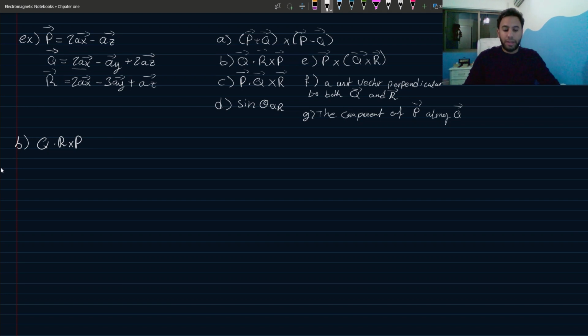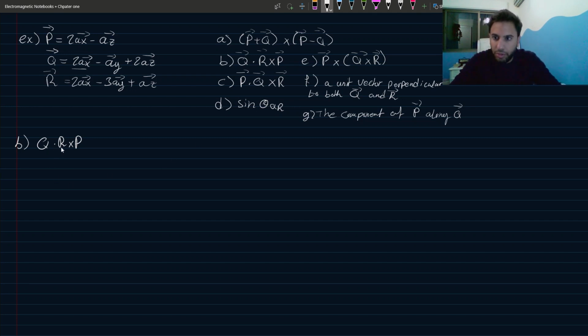Well, again, there are two ways to solve this example. One is the smart way, which is by using the triple scalar product rule. And the second way is the straight up mathematical way. I'm going to start with the smart way, just like before.